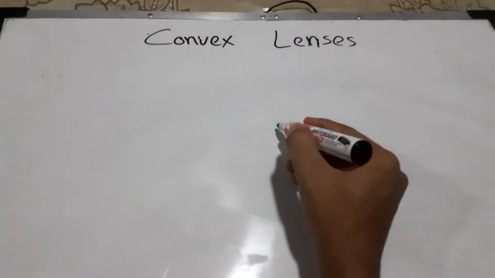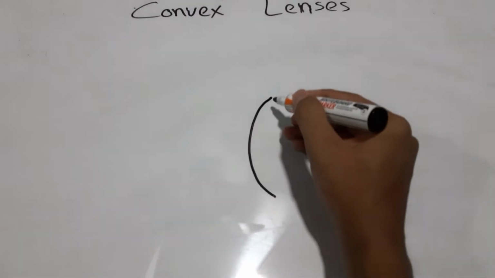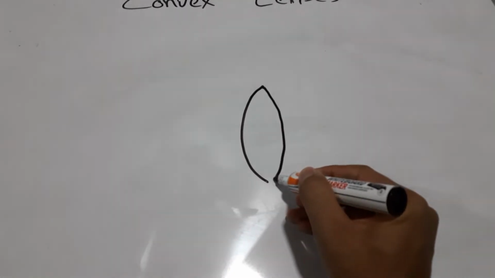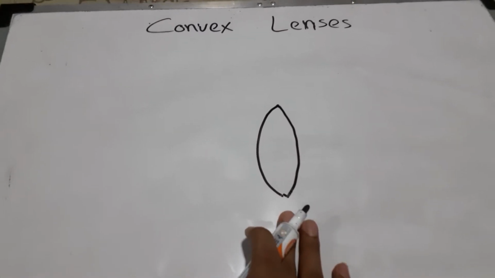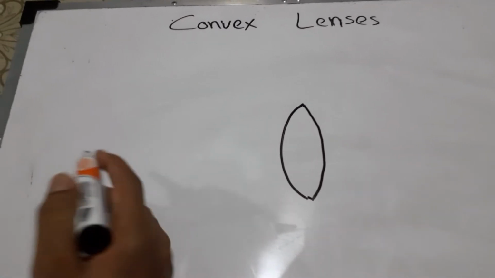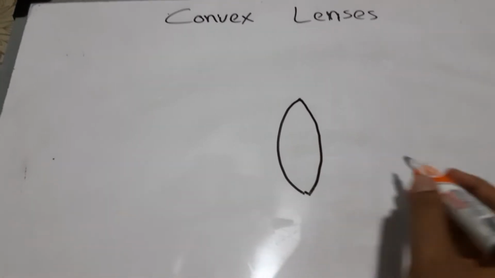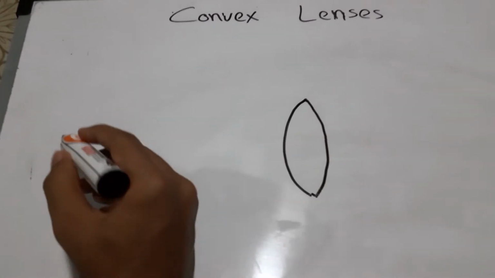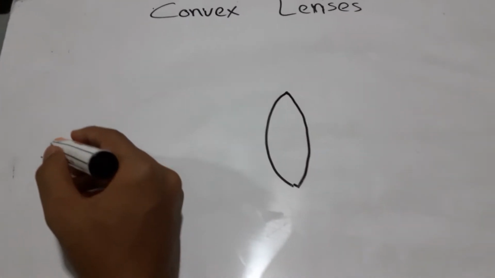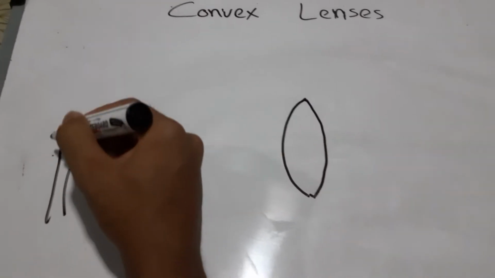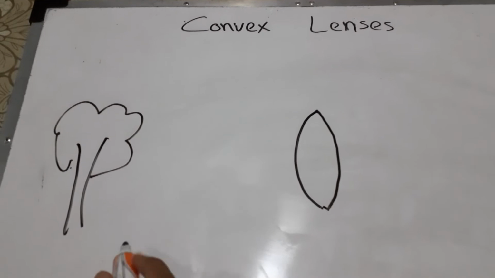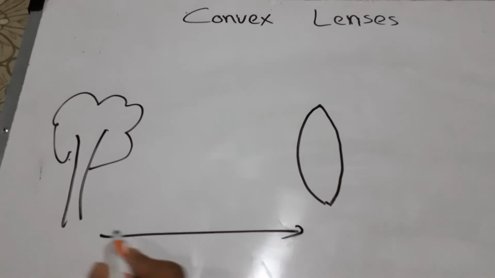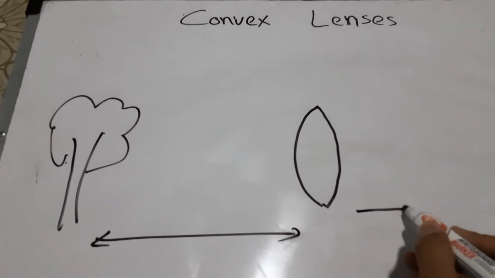Normally, the focal length of a convex lens can be determined roughly by using it to focus a distant object onto a screen. Let's say you have a tree here, and this distance is very large compared to this distance.